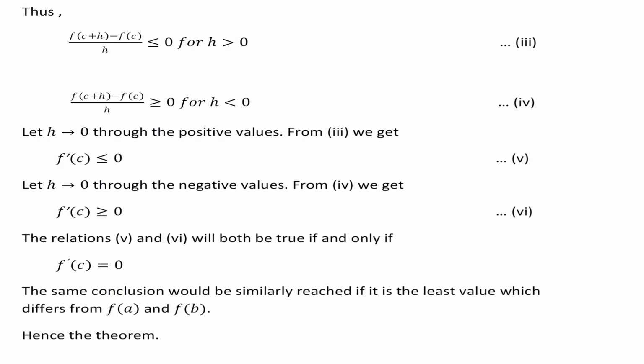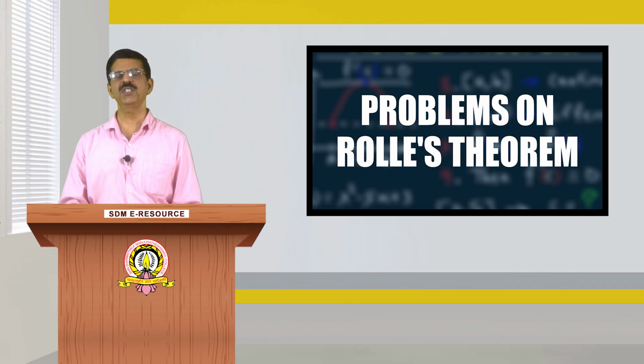For a given function, both cannot hold at a time, and it is possible at a particular point only when f dash of c is equal to 0, which concludes the statement of Rolle's theorem.